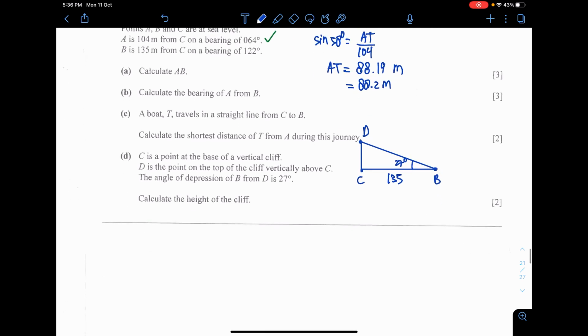So by using Toa Kaso, I'll use Toa. Tangent of 27 degrees equals CD over 135. Just key in your calculator. You'll get 68.8 meter, 3 SF.